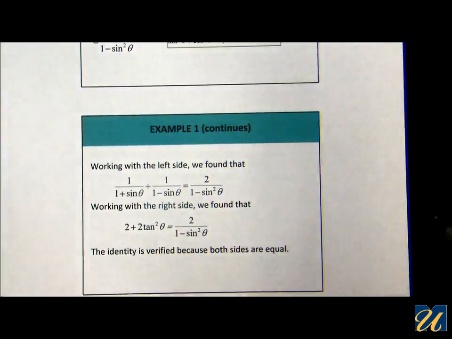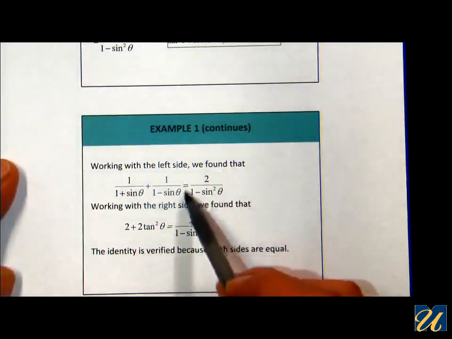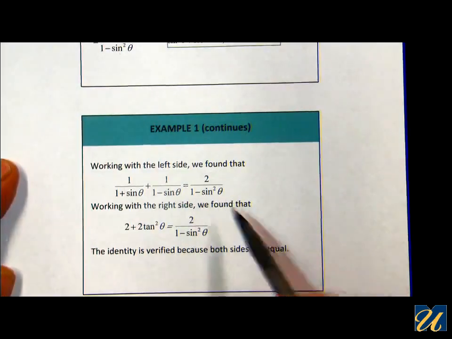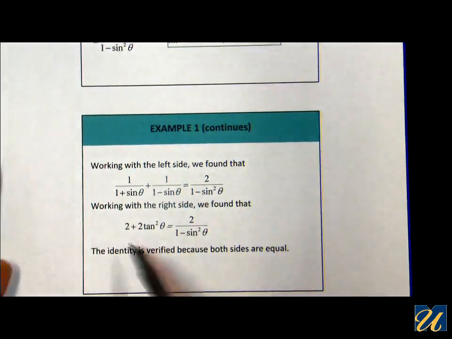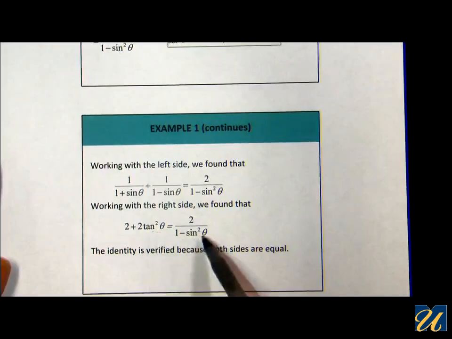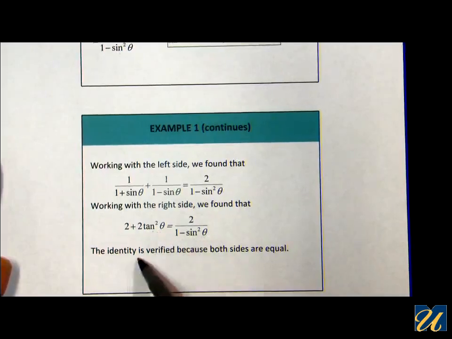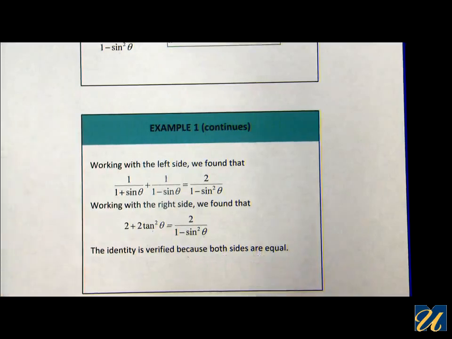When you start out with the original problem, left side, and manipulate, we got this. When you start out with the right side and manipulate it, you got the same thing. Therefore, the identity is verified because both sides are shown to be reducible to the same thing. So that proves equality.